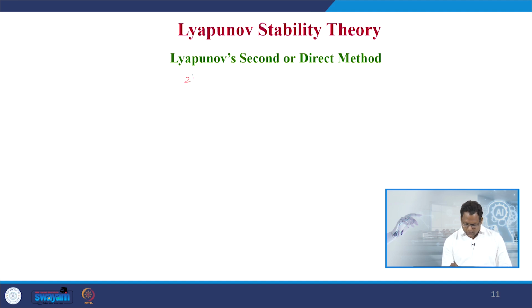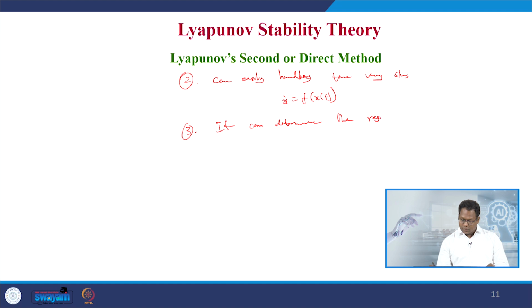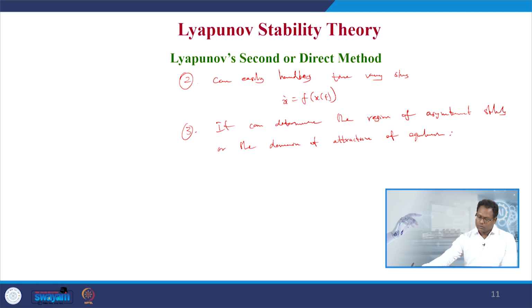Also, it has another advantage that it can easily handle time varying systems, that is x dot equal to f of x and t, and this approach can also determine the region of asymptotic stability or the domain of attraction of the equilibrium point.